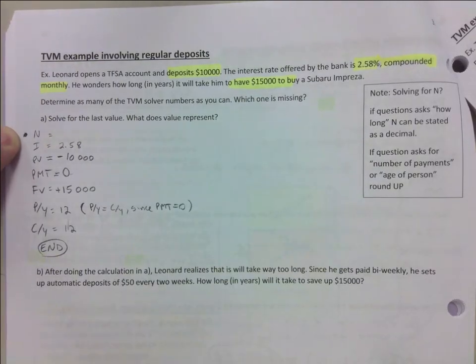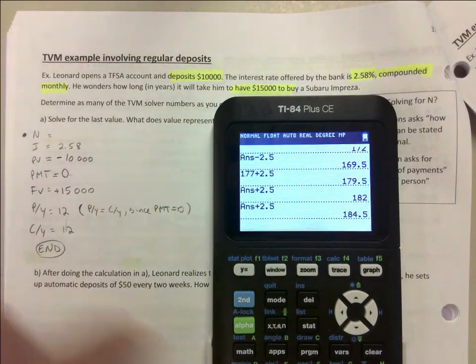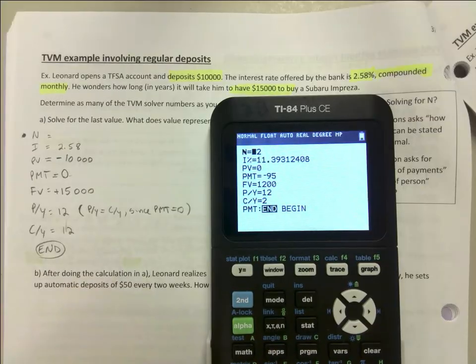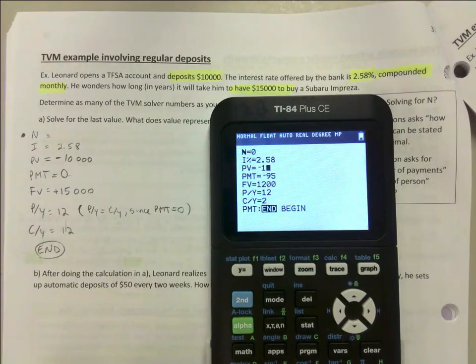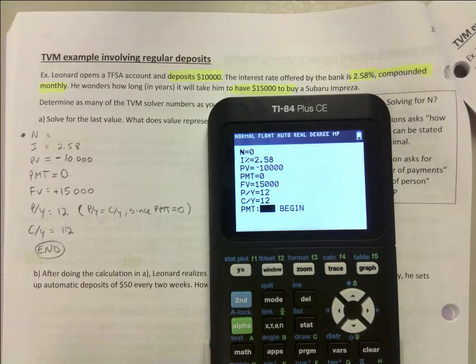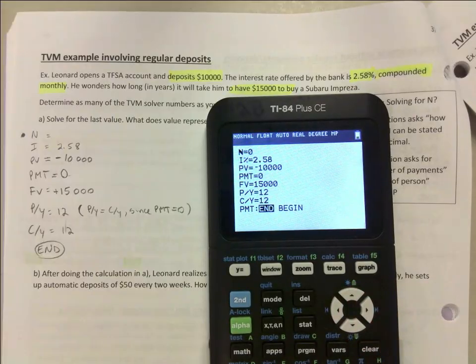We're going to put a dot there. That's what we're going to solve for. So let's enter this into our calculator and solve it. Apps. For now, I'm going to put a 0 in the N. For N, you cannot leave it blank. You have to enter something or else it will not let you move on. Negative 10,000, and then 15,000. PY and CY, they're the same. What is N?